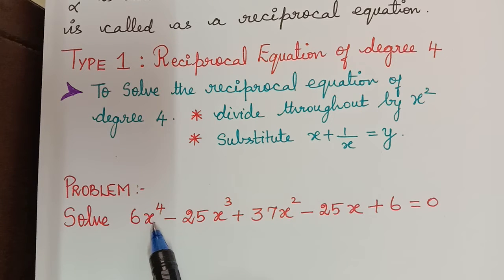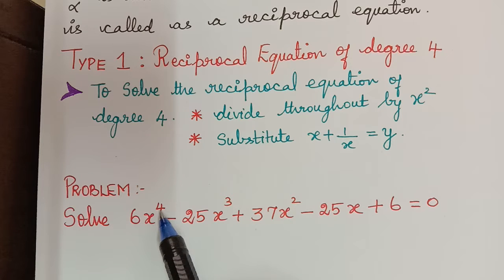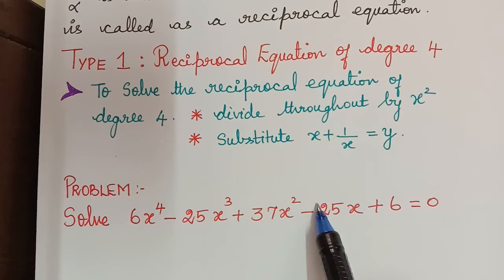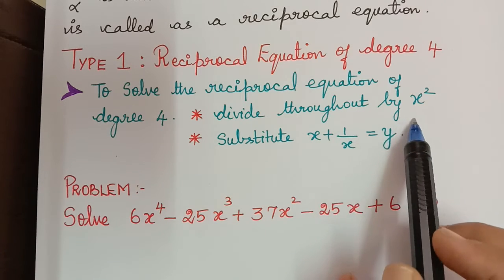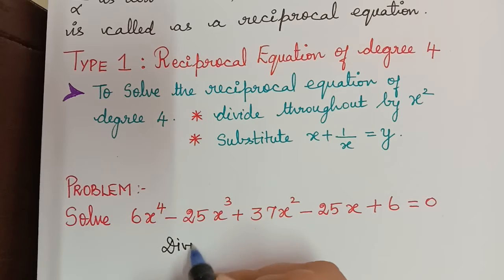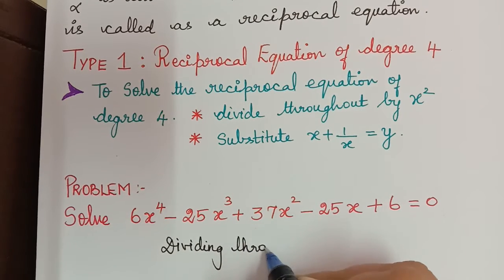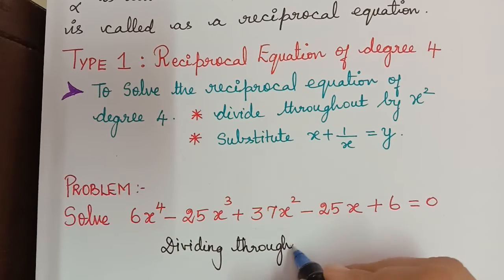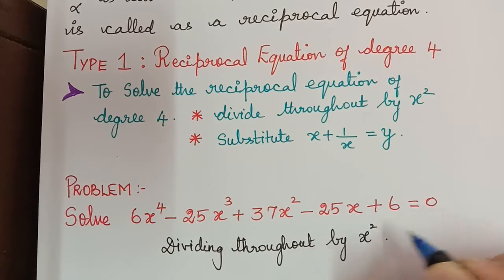That means the highest power of x in this equation is 4. That kind of equation can be solved by first dividing this equation throughout by x square. So dividing throughout by x square, this is our first step.